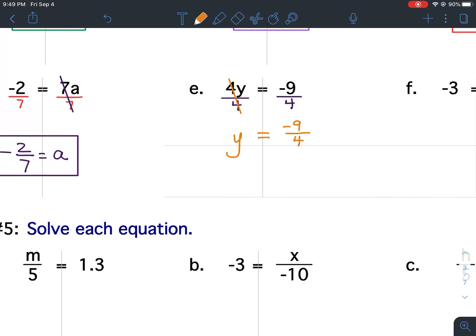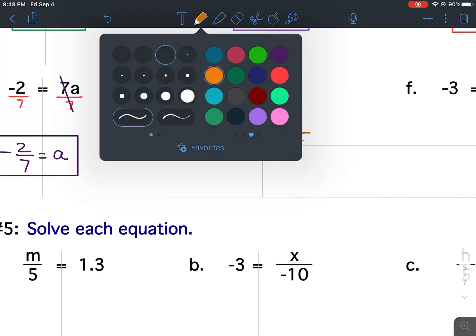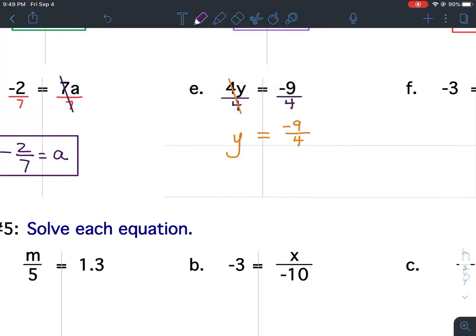But that is an improper fraction, because the number on top is larger. So I want to change that to a mixed number, and I get y equals negative 2 1/4.